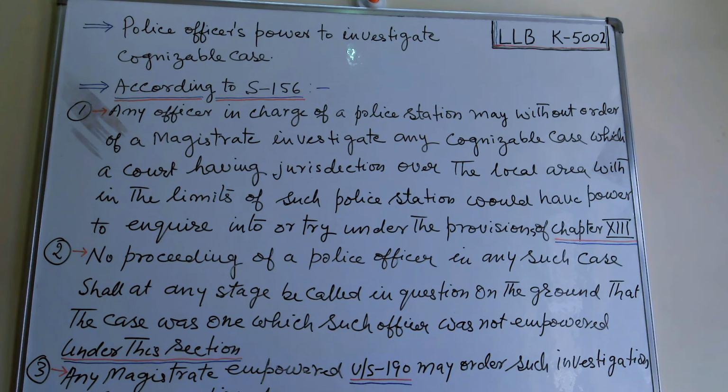So here the police officer is fully authorized to investigate the case as soon as he receives the information of the offense from any source, or from an informant or an offender.